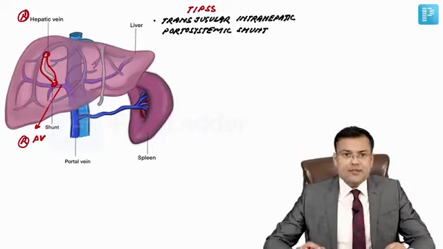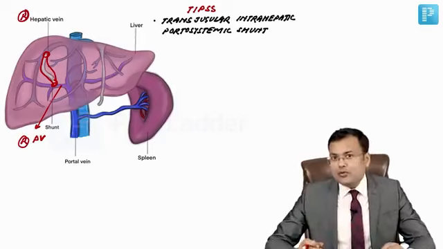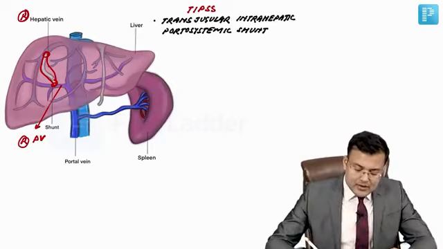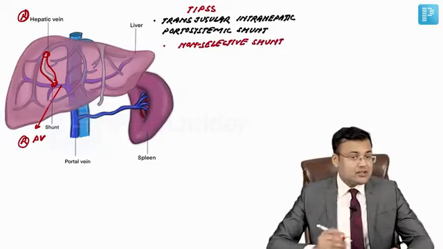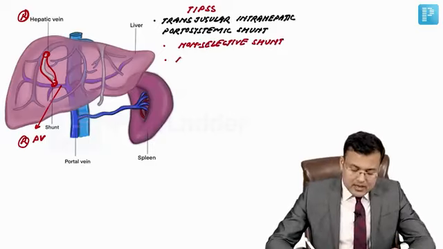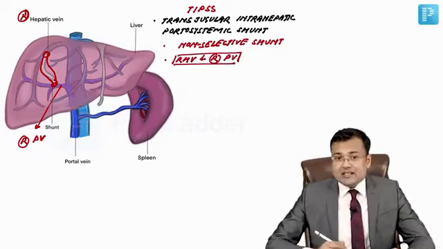This is TIPS, transjugular intrahepatic portosystemic shunt. It is a kind of non-selective shunt, and in this case we insert the stent between right hepatic vein and right branch of portal vein.